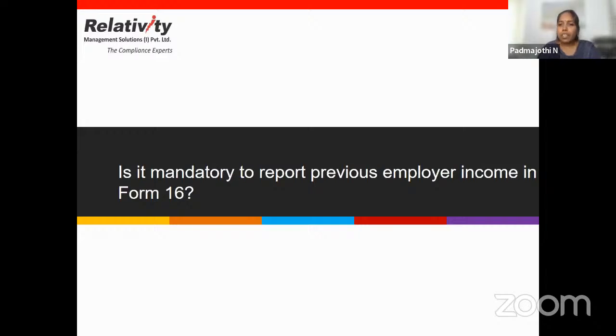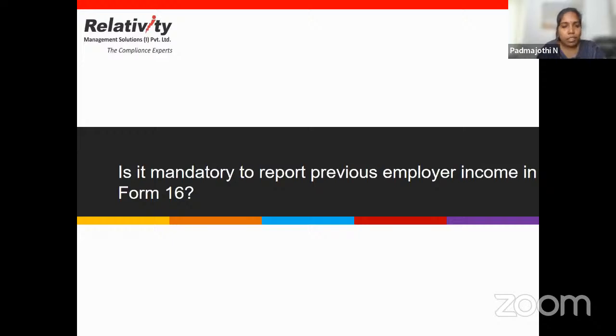Okay, I have got different types of response. Some people have mentioned that we are not considering the previous employer income, and some people have mentioned that we are reporting previous employer income. But as per the best practice, it is recommended to consider the same.